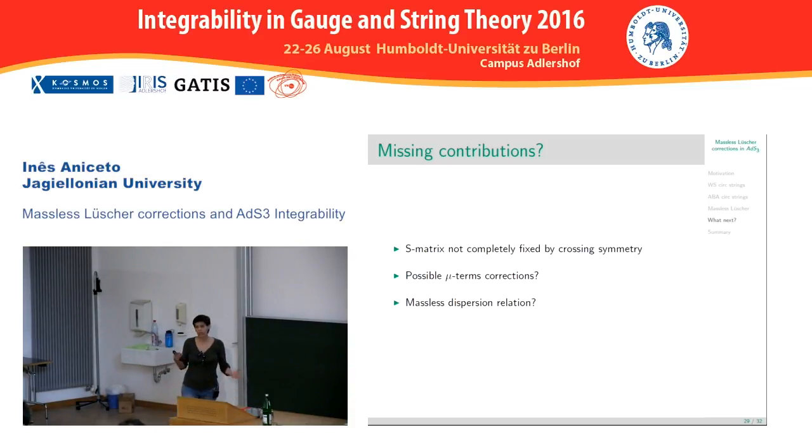Also, we assumed the massless dispersion relation that is fixed by symmetry from integrability. But in fact, we know that there is a mismatch between the dispersion relation from integrability and the dispersion relation at BMN at 2 loops. Even though this should give only higher order corrections to our calculation, it cannot be ignored.